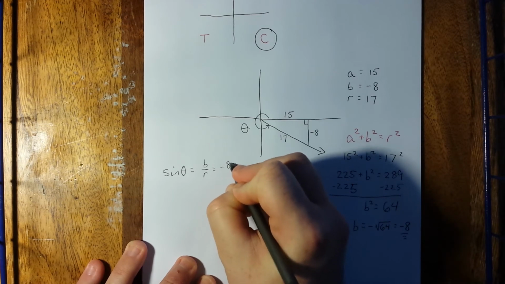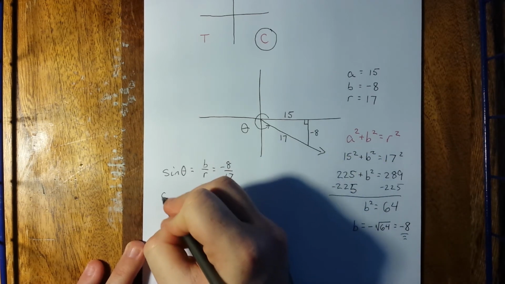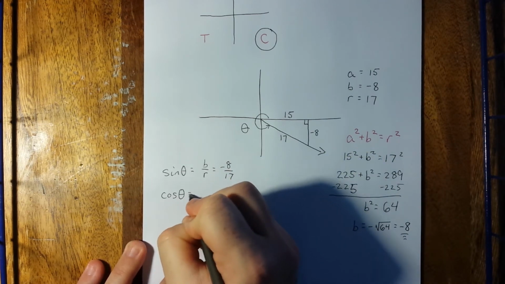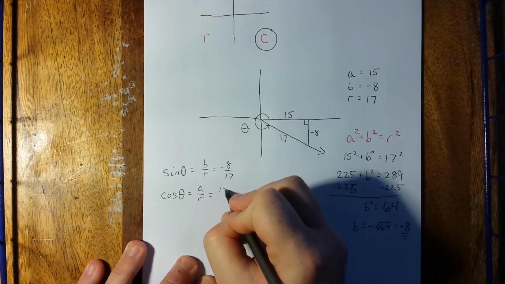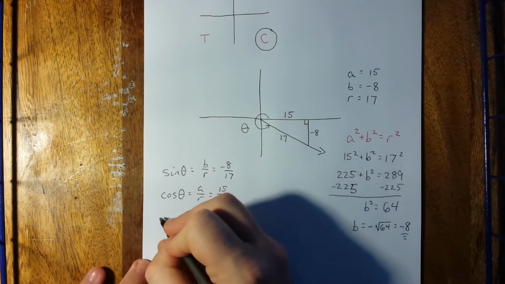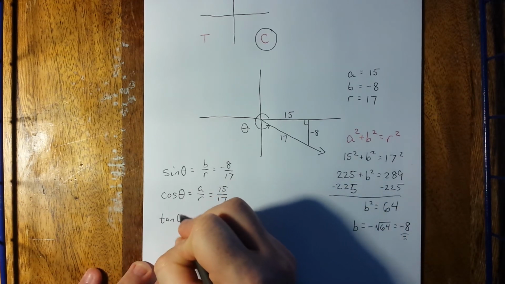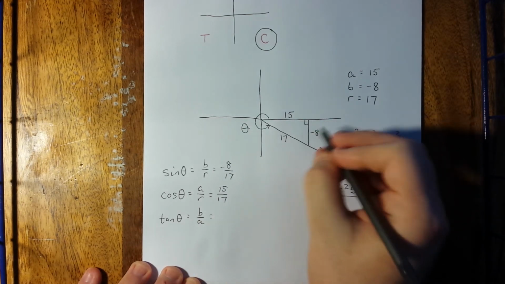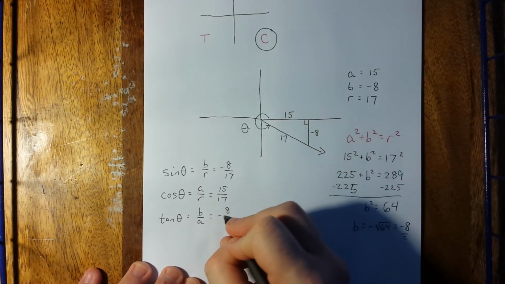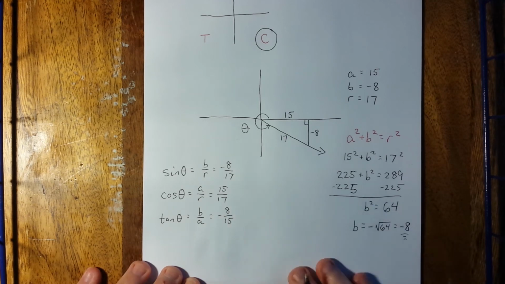That would be negative 8/17. Cosine we were given in the problem, but if we weren't, that would be a over r, which is equal to 15/17. And the tangent is equal to the opposite over the adjacent, or what we're doing here, that'd be b over a. That's negative 8/15.